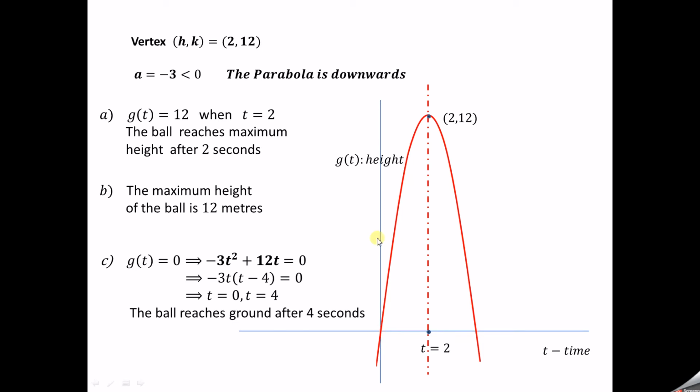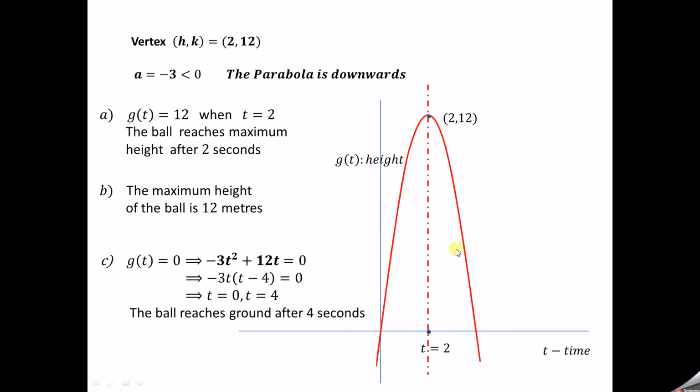The height is also 0 when time t is 0. And as the time goes from 0 to 2, the height is increasing up to 12. So the ball reaches its maximum height when t equal to 2.